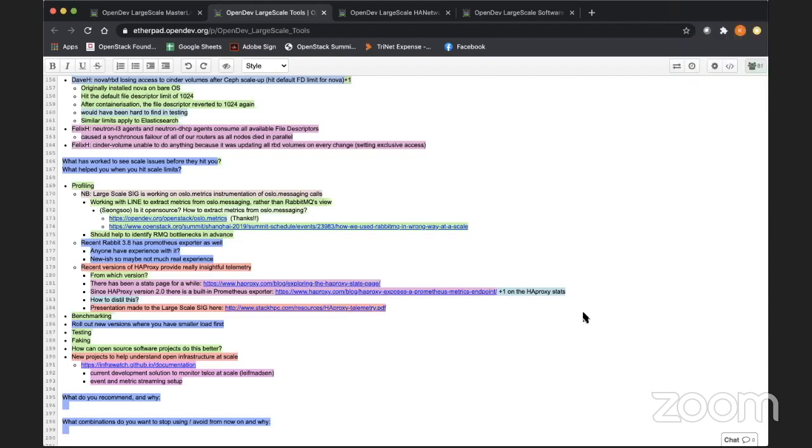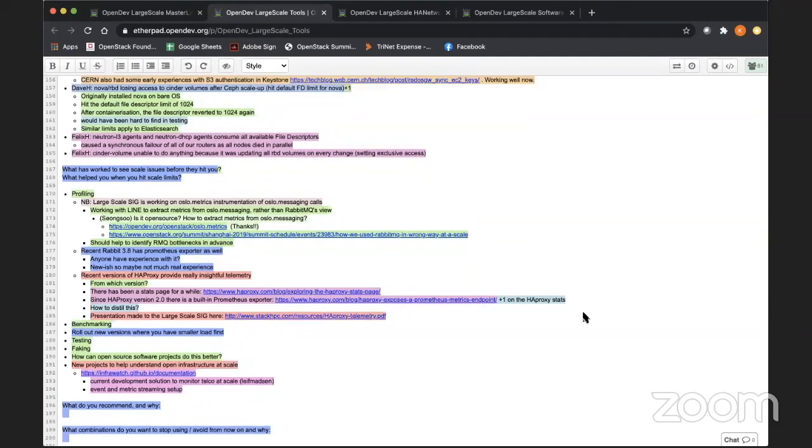So I'd be quite interested to hear from anyone who has experience of trying to benchmark and profile things at scale without the system available of the scale that you're aiming for. How do you get to the next level without actually having that system available? There are various different techniques you can use to do this.